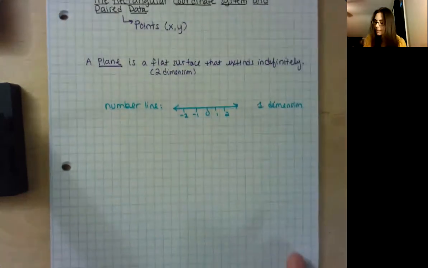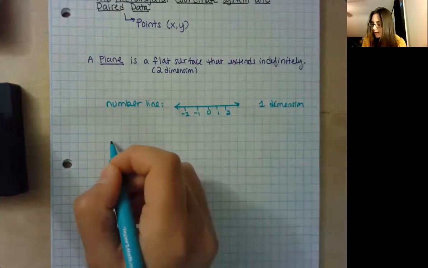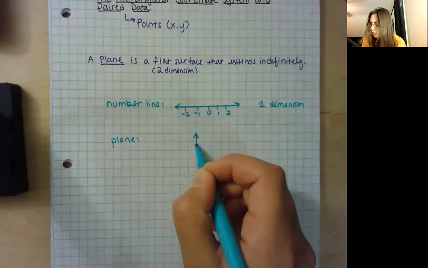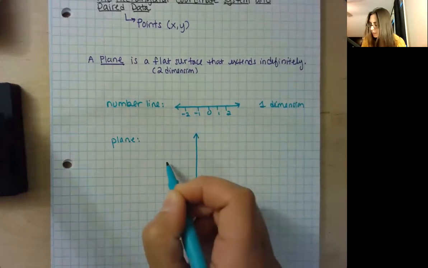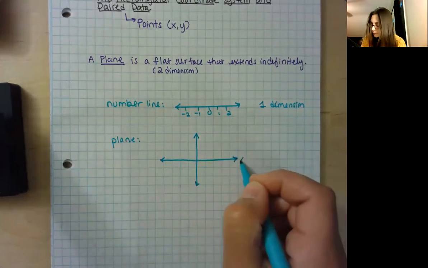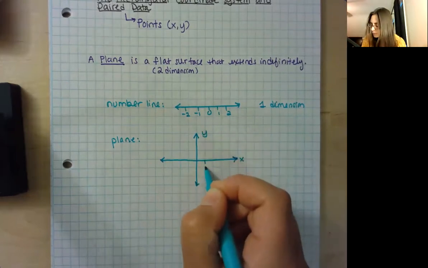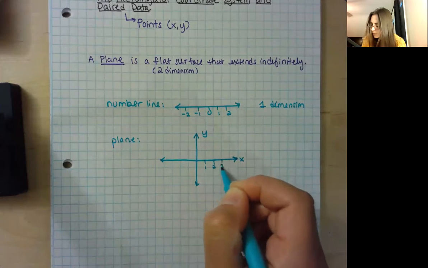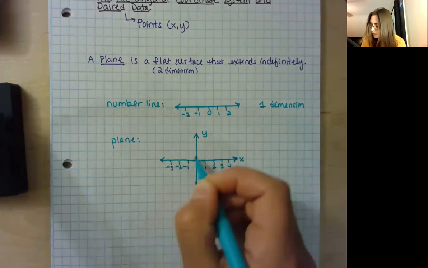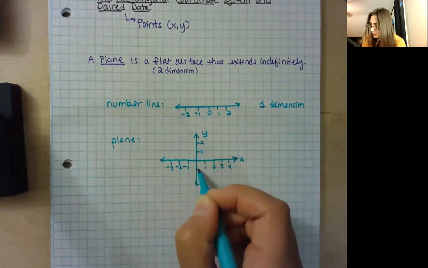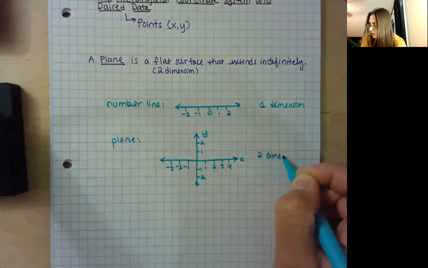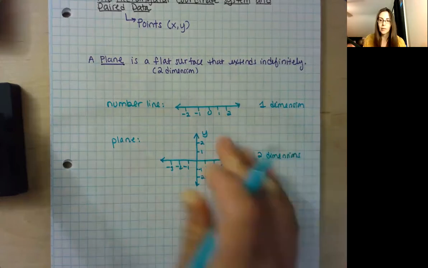And what we're going to be looking at today is our plane, which basically says to put together two number lines. And we're going to create something in two dimensions.